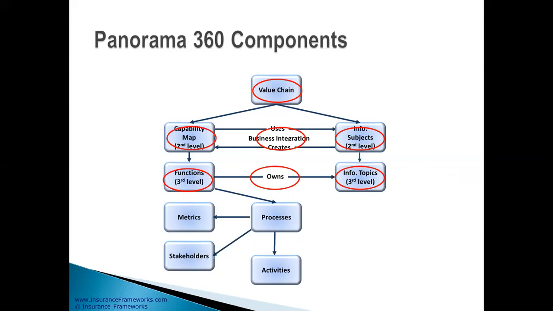The framework can be extended by adding the processes that are also part of Panorama 360 with a list of activities for all those processes, including metrics and stakeholder lists.